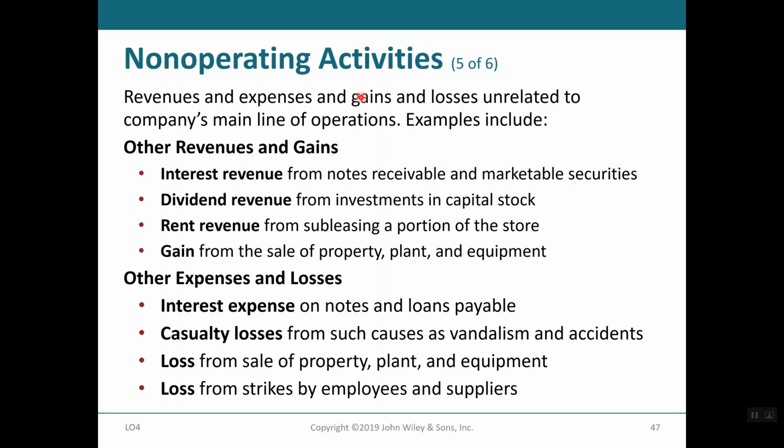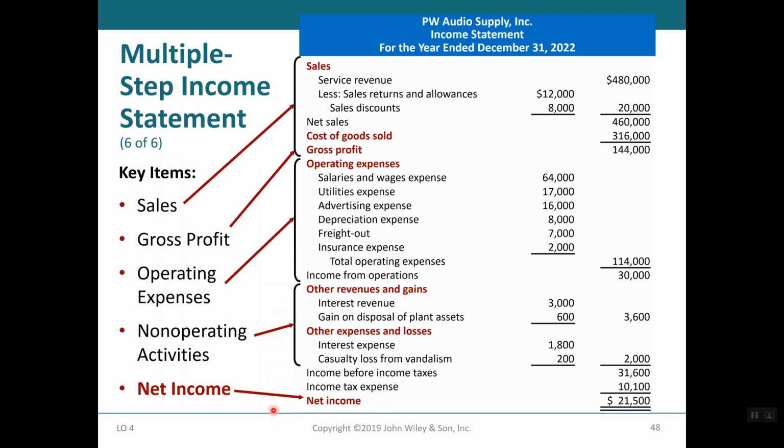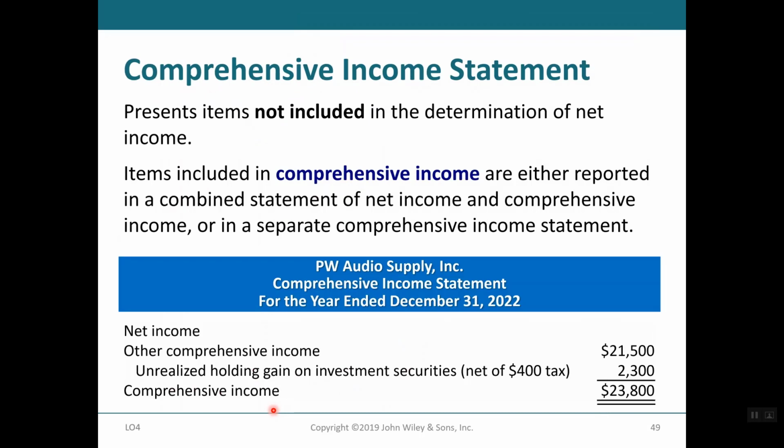Other examples could include interest revenue, dividend revenue, rent revenue, gains from the sale of property, plant and equipment. That was the example I gave. Other expenses and losses include interest expense, where you have to pay interest, casualty losses, like somebody stole from you, losses on the sales of property, the example I gave, and loss from the strike of employees and suppliers. And then we have our net income.